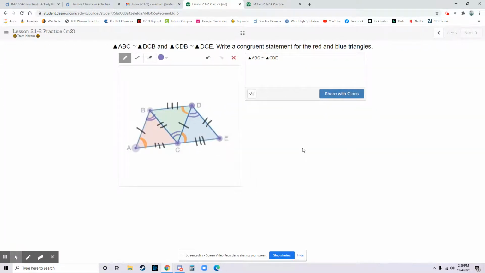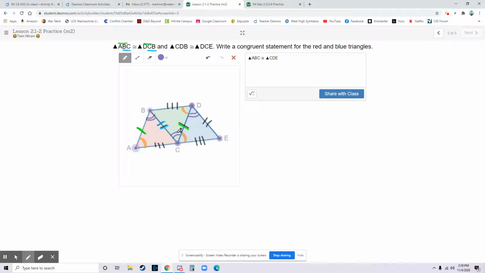Lastly, I just went through and I marked everything that they said on this picture. Like I started with all the side lengths. I said AB is the same as DC. And so I drew one line on AB, one line on DC. And then I said, okay, second two letters, BC, should be the same as BC. Oh, that's the same segment.